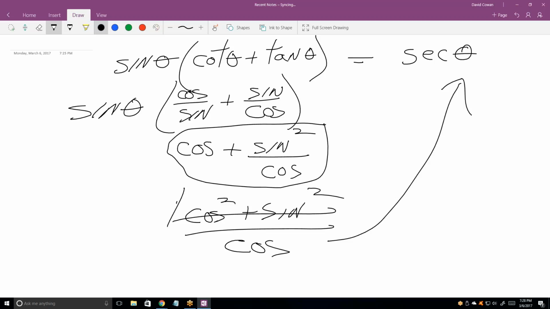Unless I was looking at tangent squared plus 1, you know, if that was what I was looking at, then I would certainly turn that first into secant squared. In other words, always do the obvious things first. But there's nothing obvious to be done in this particular problem other than turn everything into sines and cosines.